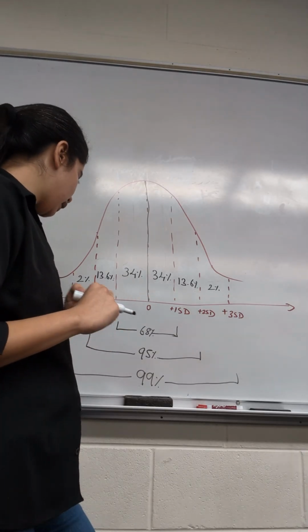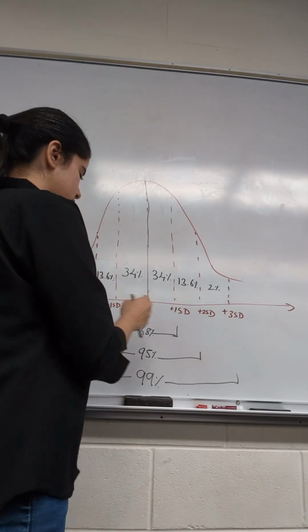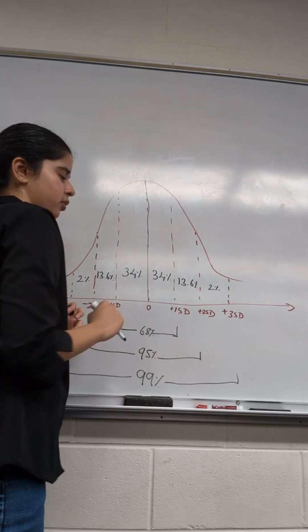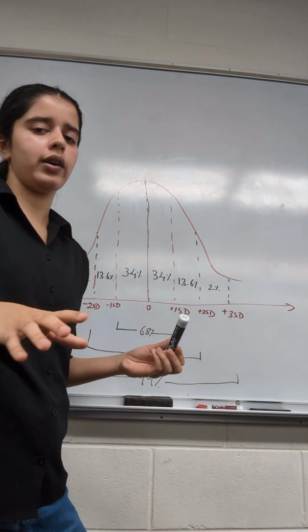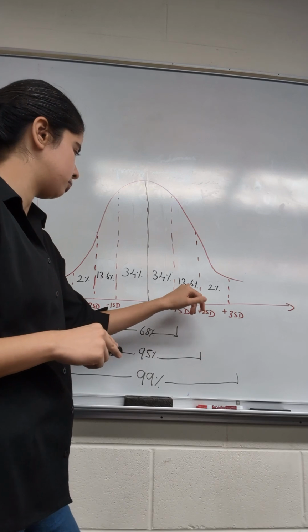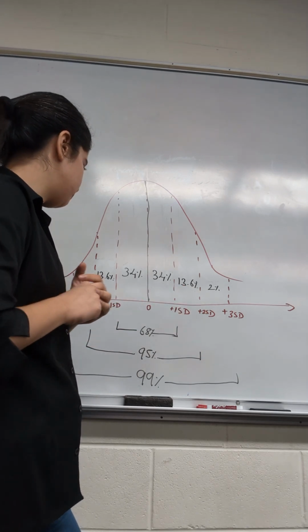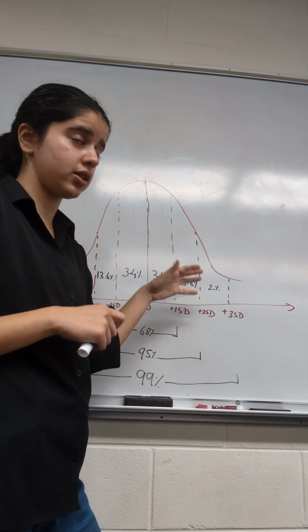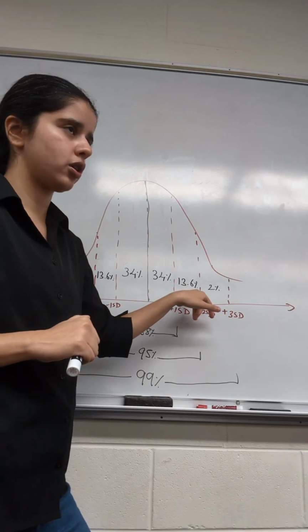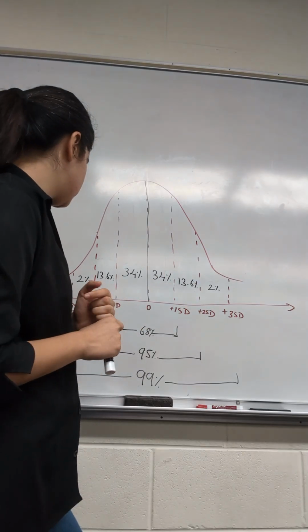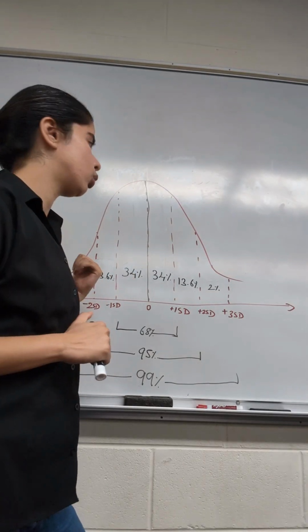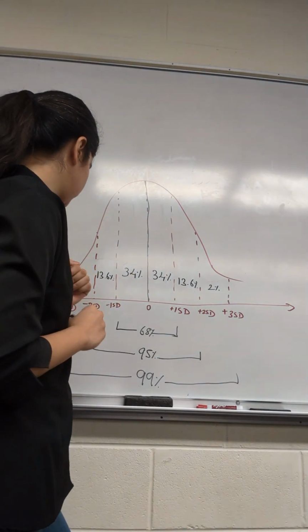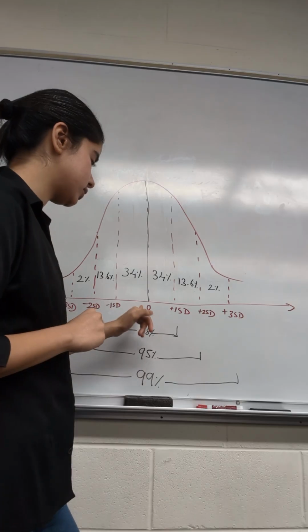And then you have the next thing. The next standard deviation is 13.6%. Don't sweat about the decimals. You can just round this off to 14. And that would be 2 standard deviations away from your center.